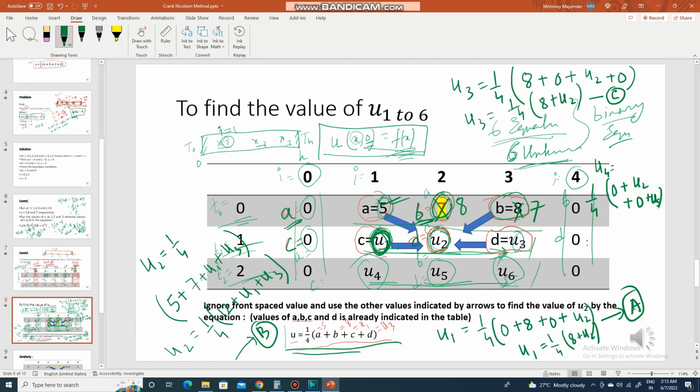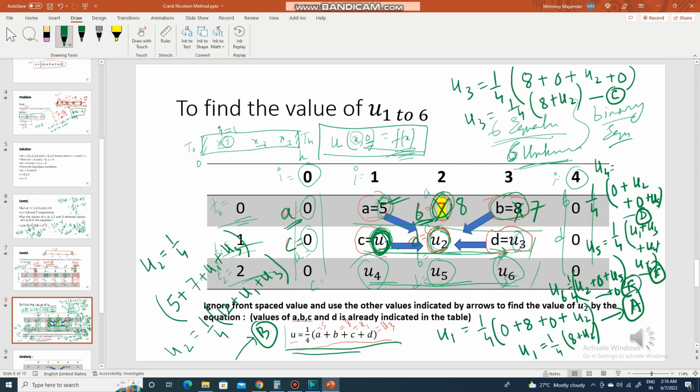And for U5, 1 by 4, U1 plus U3 plus U4 plus U6. Right, so this is equation D, equation E, and ultimately U6 will be your U2 plus 0 plus U5 plus 0. So 1 by 4th U2 plus U5. This will be your equation F.